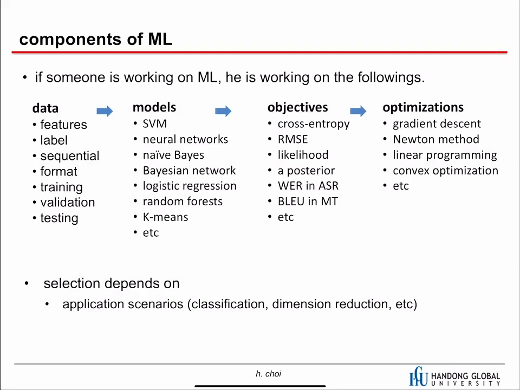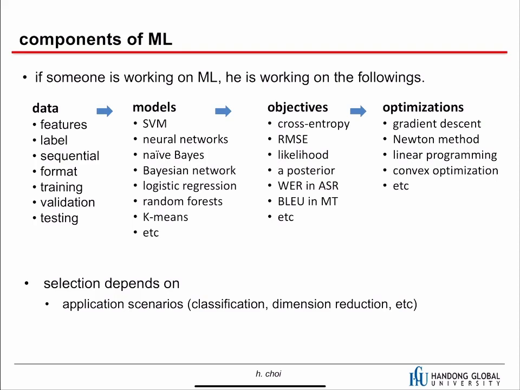We have many different kinds of data. We have features and labels, data could be sequential, and it has a special format. Data can be split into training data, validation data, and testing data.